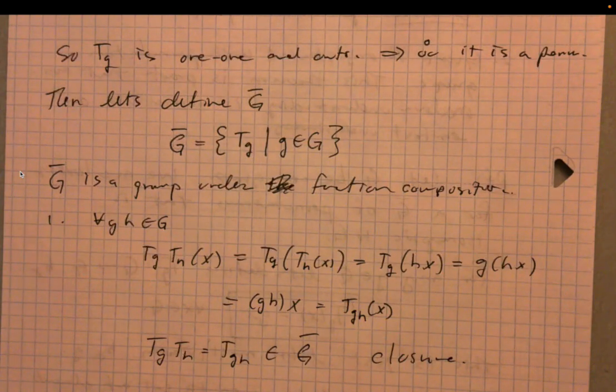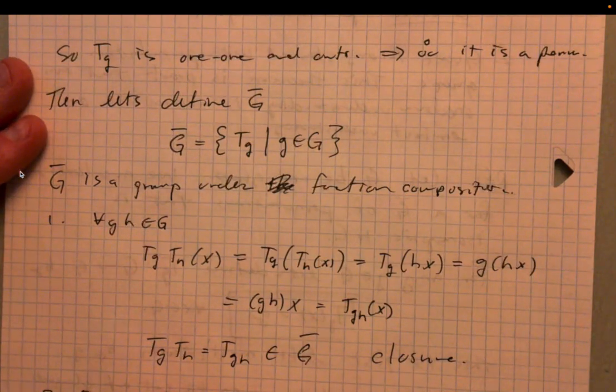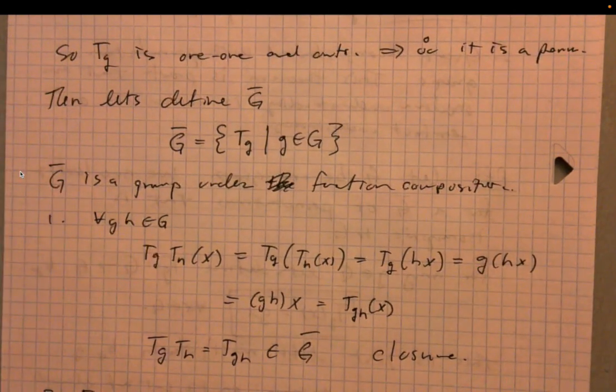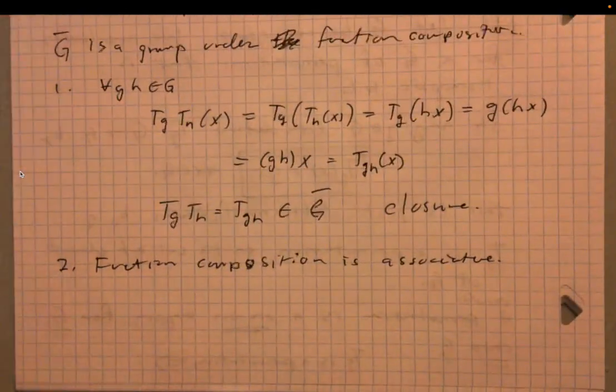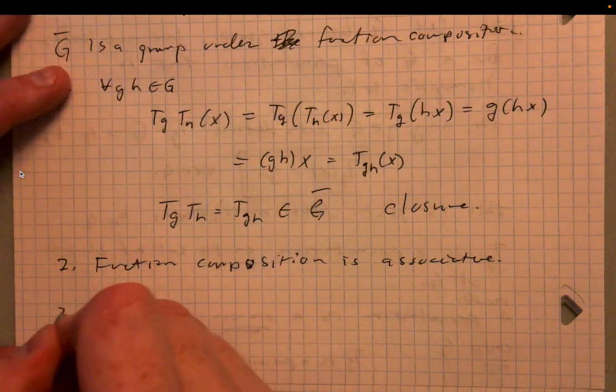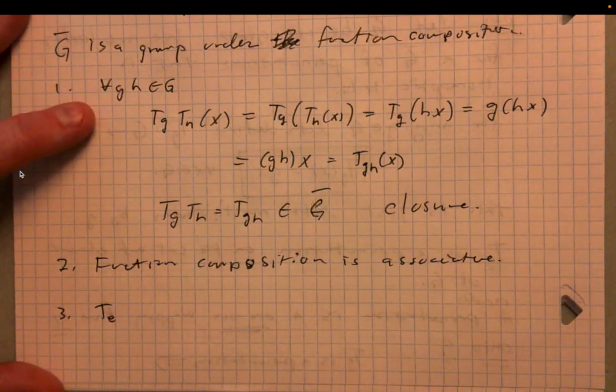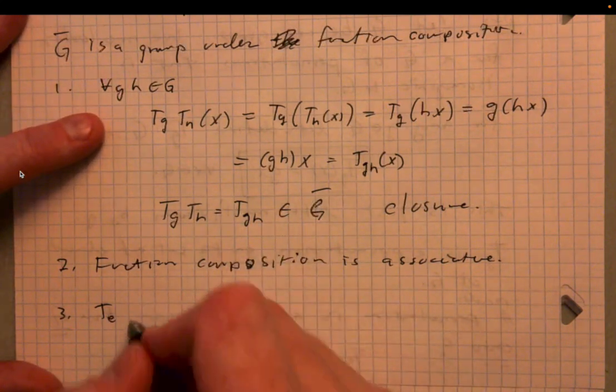Now, function composition is associative, so we have that automatically. So we've got the associative operation. What's the identity? It's simply T sub e. T sub e is the identity.